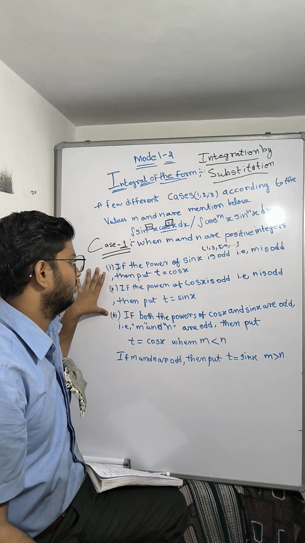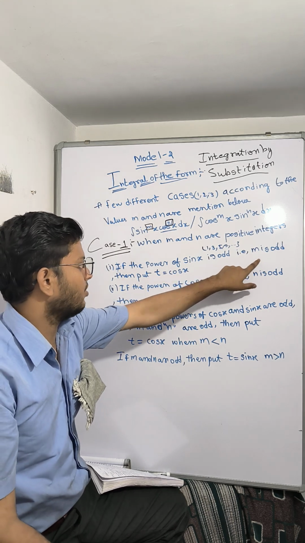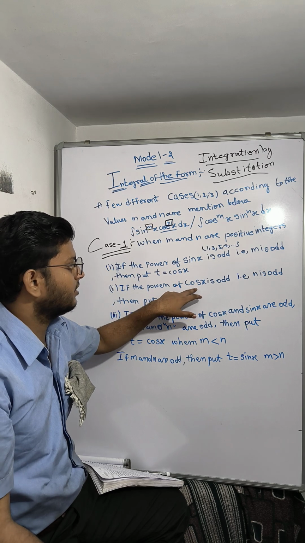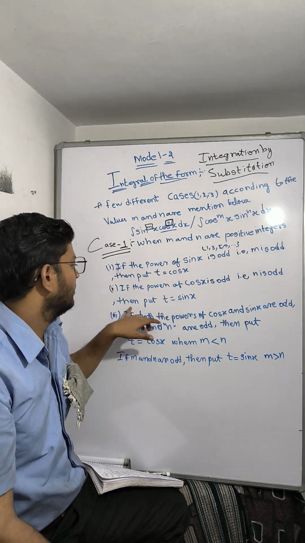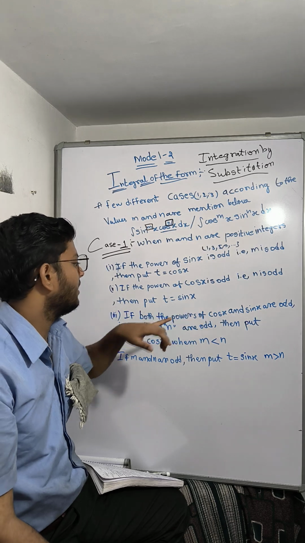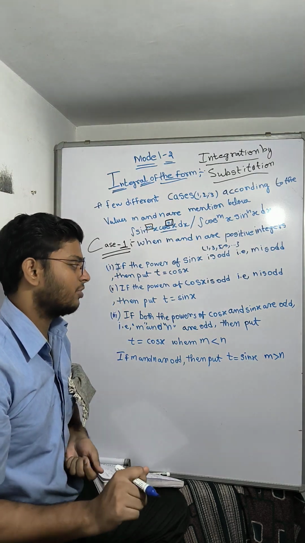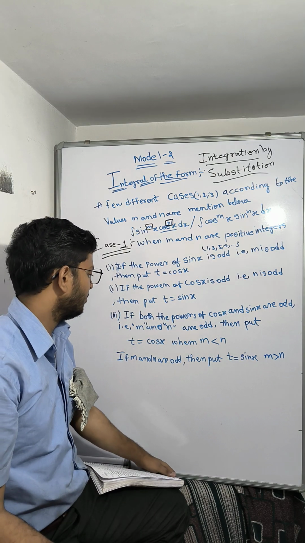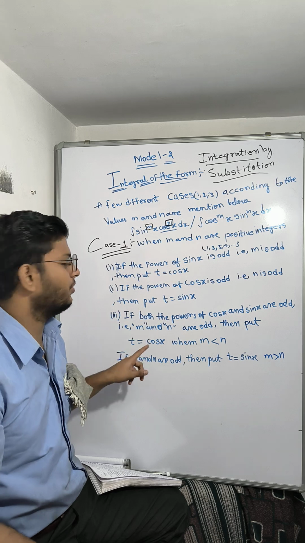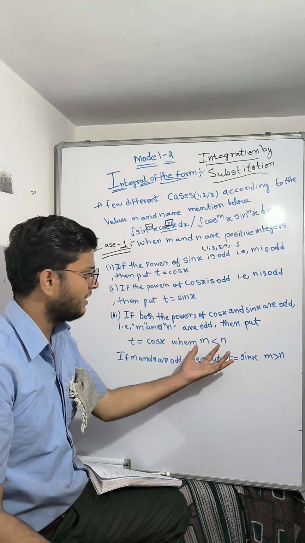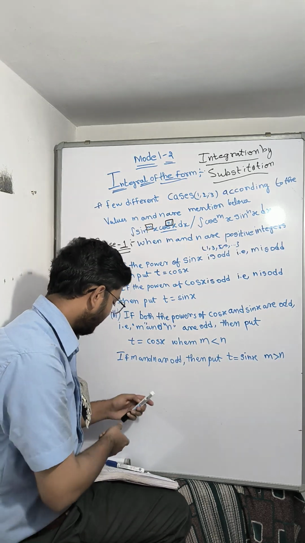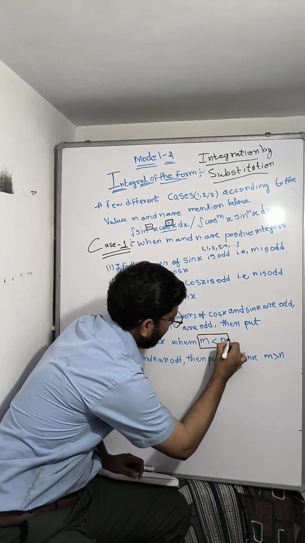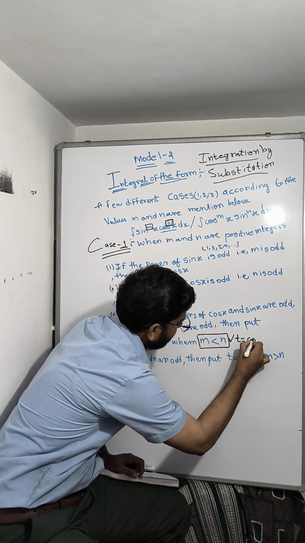3 conditions. If m is odd, then we have to put t is equal to cos x. When the power of cos x is odd, then n is odd, then we have to put t is equal to sin x. If both powers of cos x and sin x are odd, means m and n are odd, then to put t is equal to cos x, the condition is m is less than n.